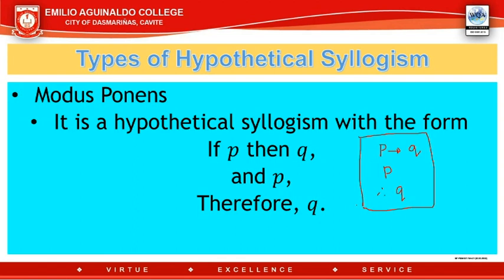If P then Q, P happens, then the conclusion will happen. If our hypothesis happened, then the conclusion is likely to happen.